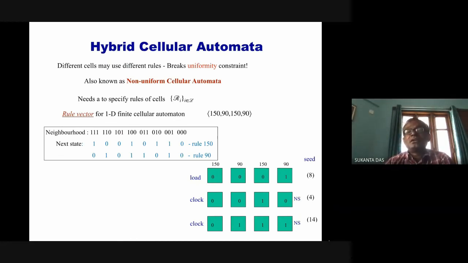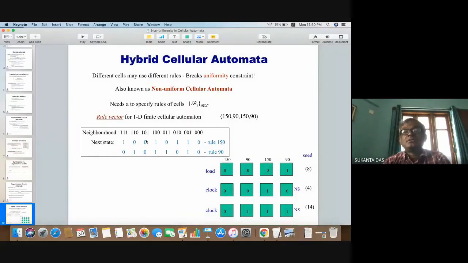Let me go back to that one. When I want to get the next state for cell 0, I get 0, 0, 0, and the rule I use is 150, not 90.